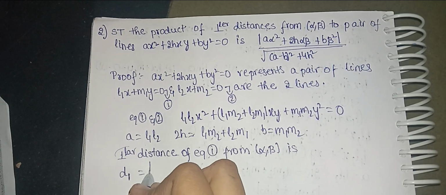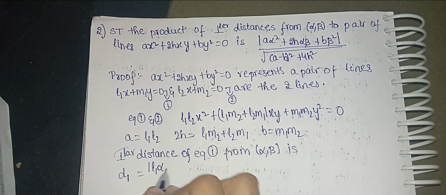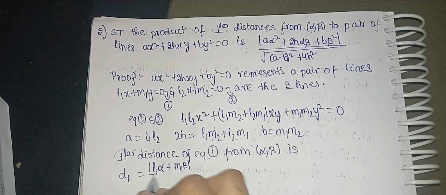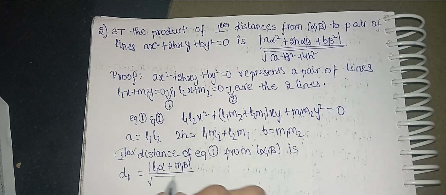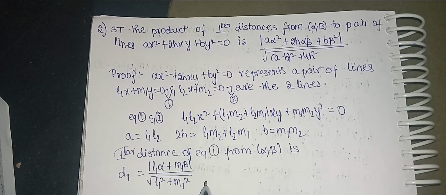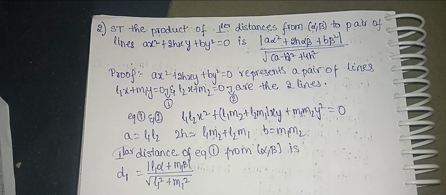d1 is equal to mod L1 alpha plus M1 beta by root over L1 square plus M1 square. Okay, it is the perpendicular distance formula. What is the formula? Mod AX plus BY plus C by root over A square plus B square.